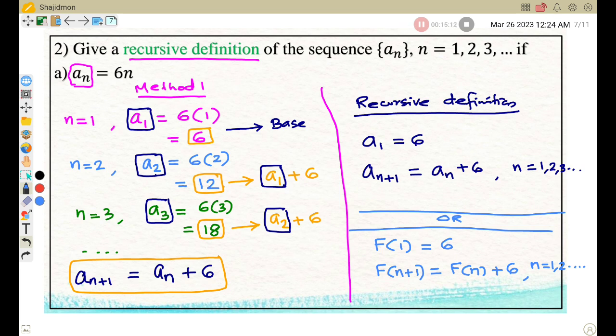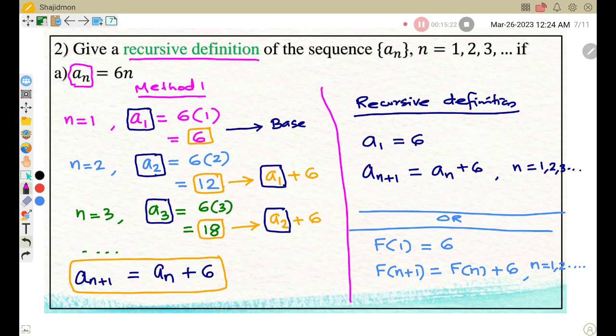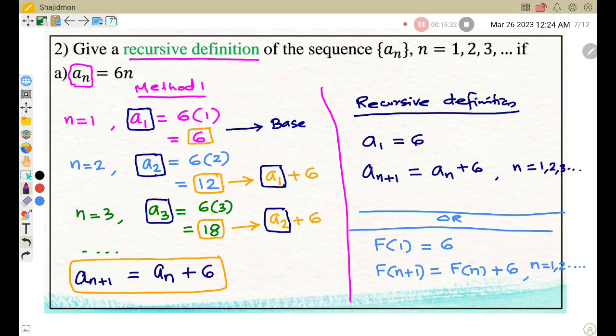Okay, the problem here is generalizing. Sometimes it is not easy. Some sequences are easy, sometimes it is not easy. So I will go to method 2. This is the easier way to do this kind of question. Method number 2, better to go with this method when we are doing questions. Method number 2, start with the base case, n equal to 1.